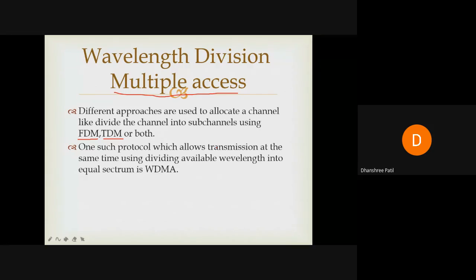Yes, Pooja Patil, roll number 21. What is the problem in FDM, or how are FDM and TDM working?